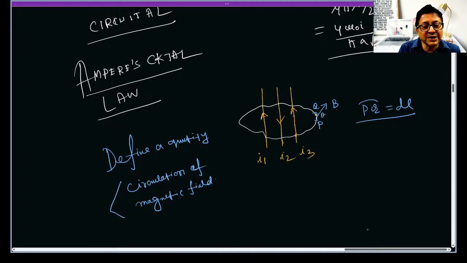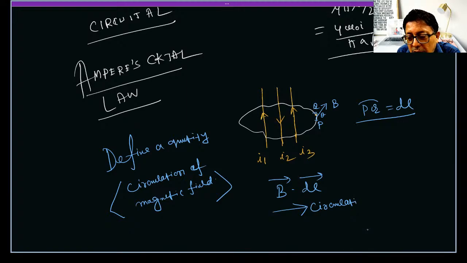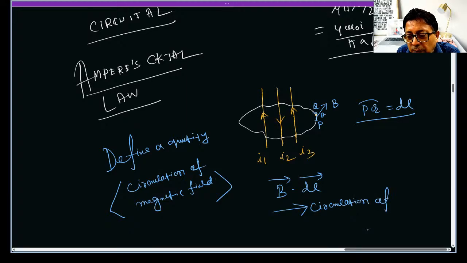This term we are going to state, circulation of magnetic field. This is defined as B dot dl. The dot product between B and dl is called the circulation of magnetic field.